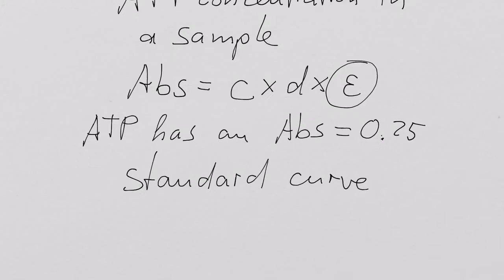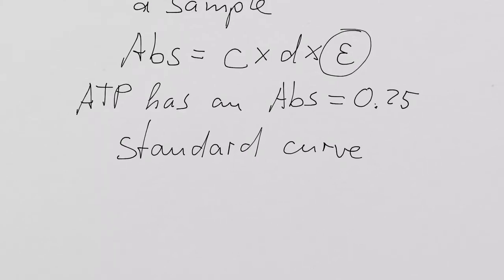Now, what we do with a standard curve is we take some concentrations of ATP as close to the conditions as we have in our sample here, and measure the absorbance of these known concentrations.